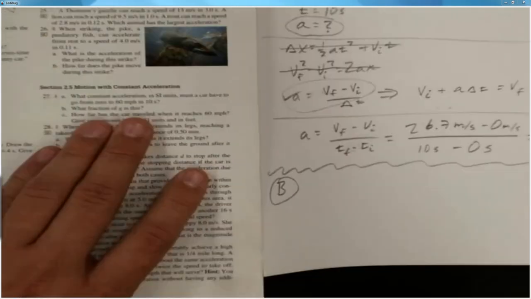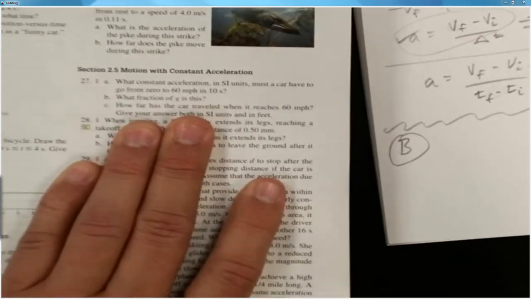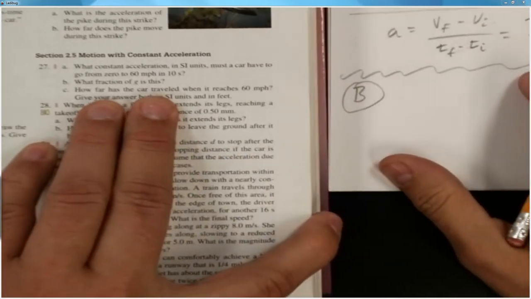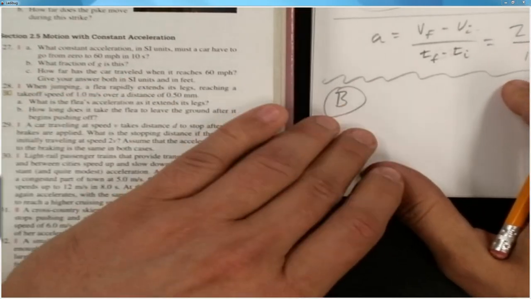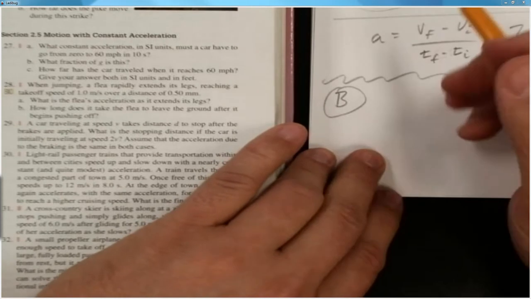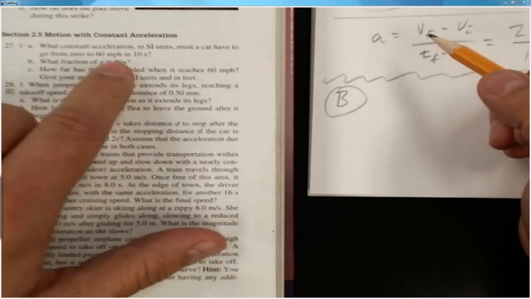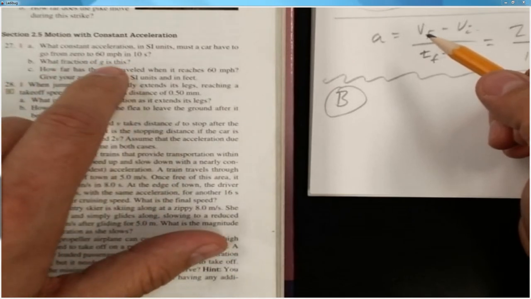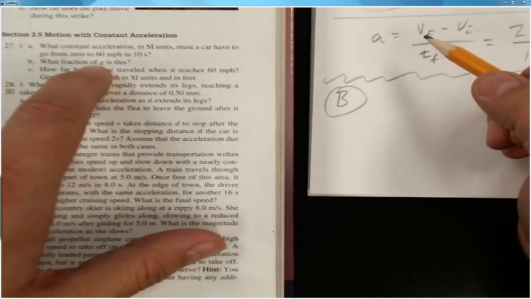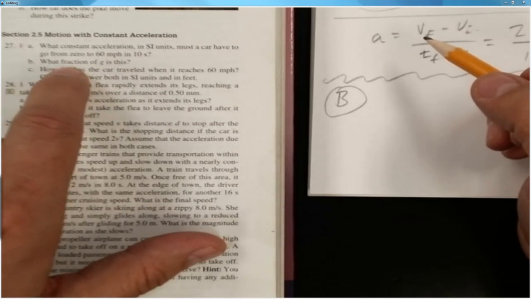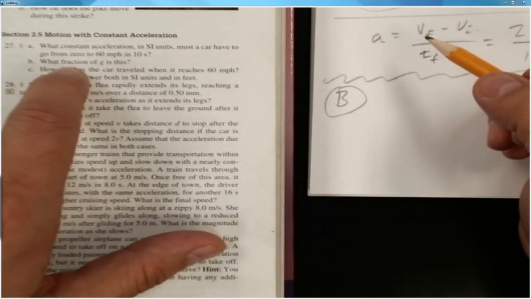So this particular question is just asking you if you know how to read math. Some of you do and some of you don't, depending on the type of teacher you had in earlier grades. So hopefully you had a teacher who taught you how to read math. Remember that the word is means equals and of means multiplication. So what fraction? That tells you you're looking for a variable.